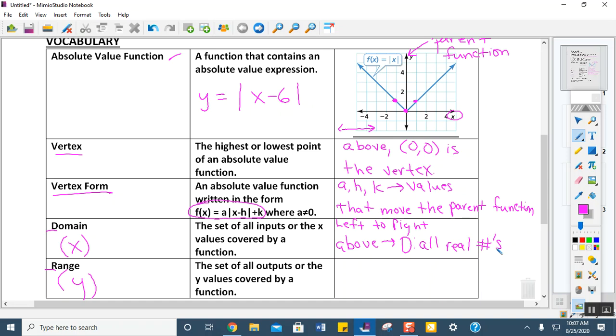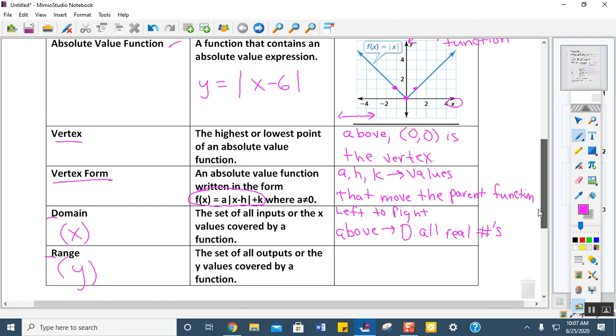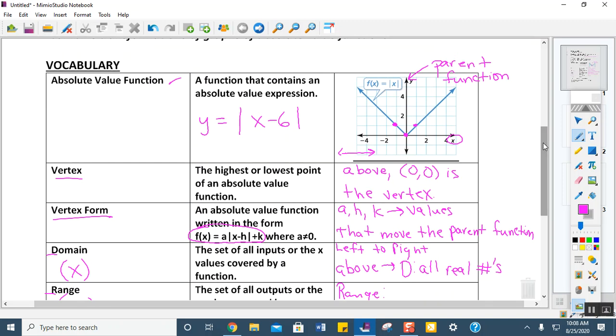And then for your range down here, you notice you have a lowest point. Okay, if you think of the range as moving from what values of y does my graph cover? My range has an absolute lowest point, and that lowest point again is at 0, 0, but the range is going to cover the y values and everything above.